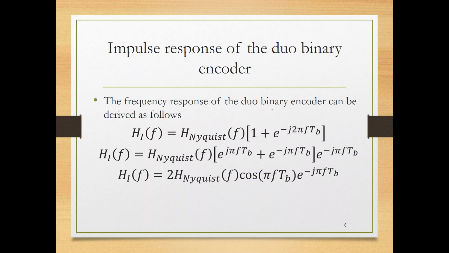Now let's understand the mathematical model of this duobinary signaling. The frequency response of the duobinary encoding can be derived as follows. The frequency response is how we define this system in the frequency domain. What do you have?